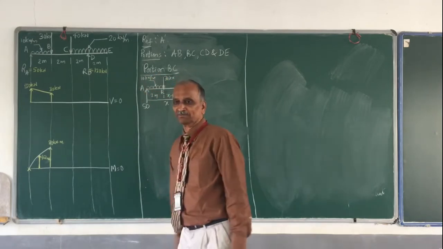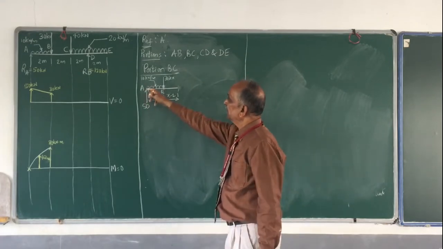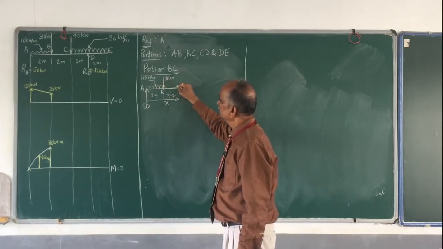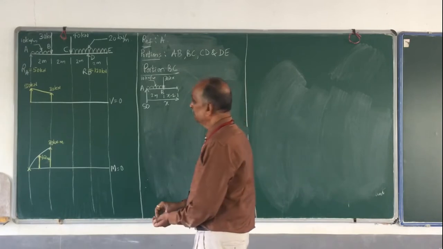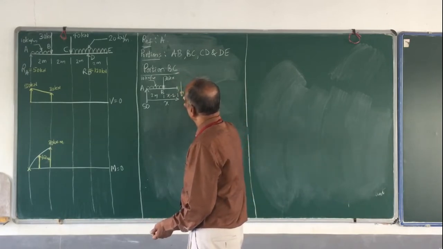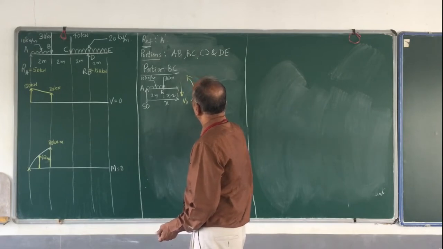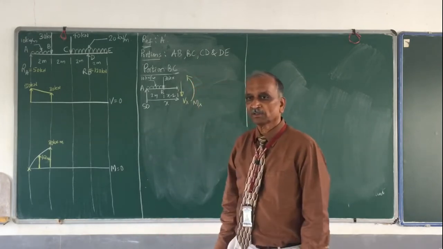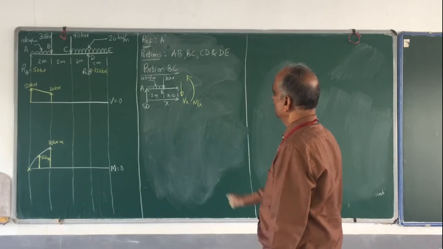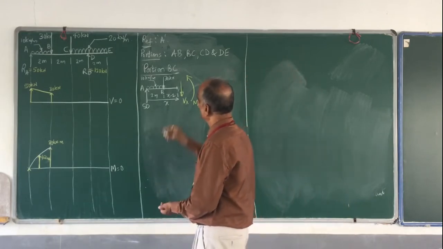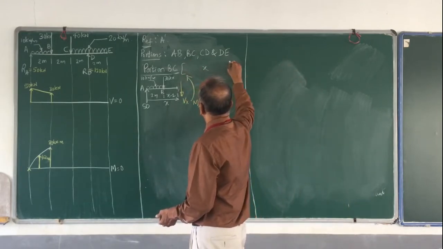Lot of notes are there. Okay, 50 and this 30 kilonewton. This is where I have cut it. I have shear force Vx, and I have the bending moment Mx. Okay, so now all the things have been shown, and let me write down the range of X. What is the range of X?